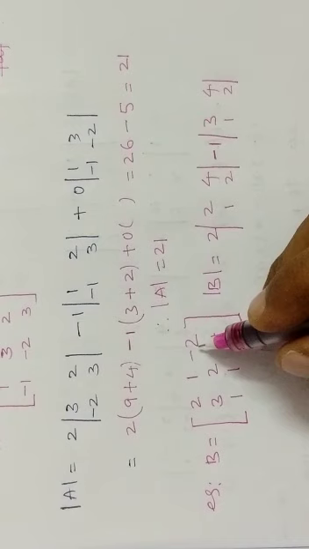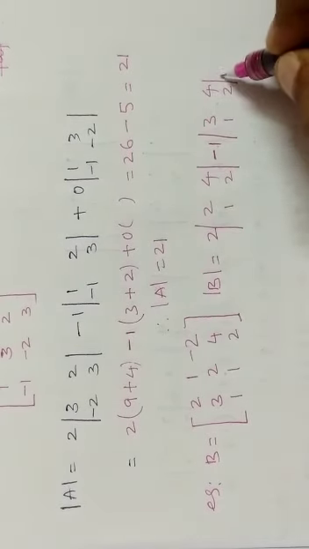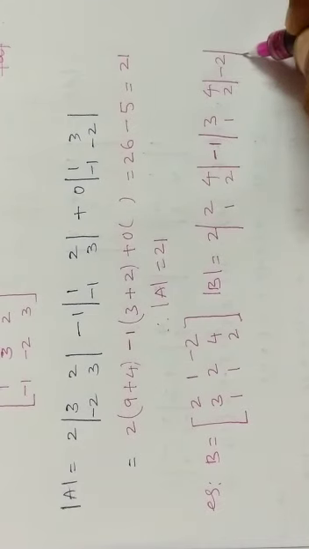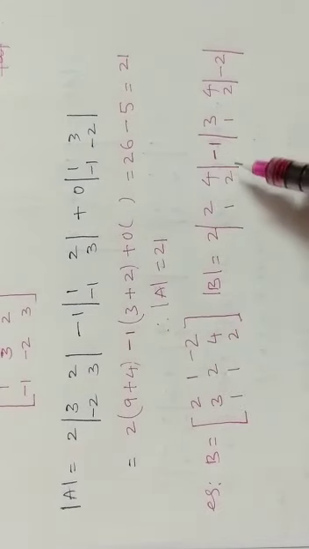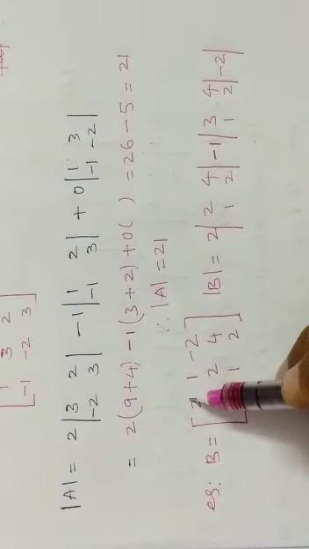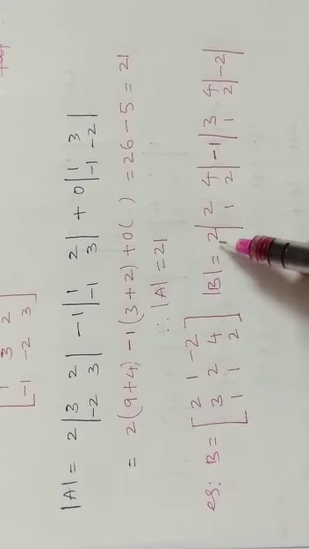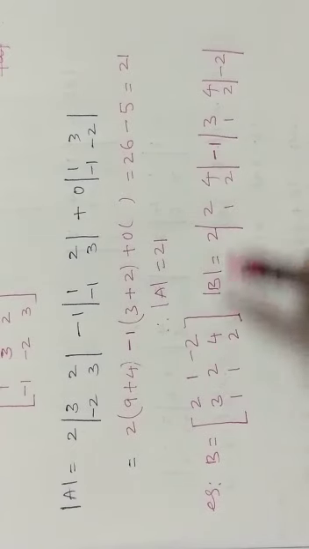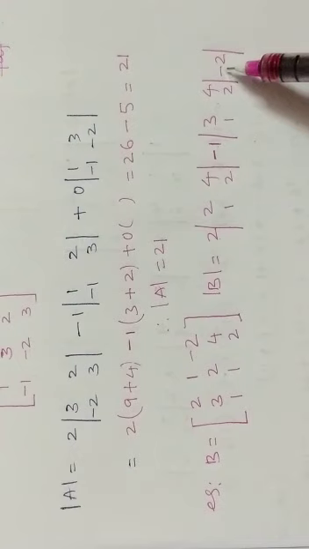For the third element, whatever sign you have, you have to take the same sign. Only for the middle one you have to change the sign. For the remaining two elements you have to take their own symbols. 2, so 2. Plus 1, it is minus 1. Minus 2, the same sign, minus 2.